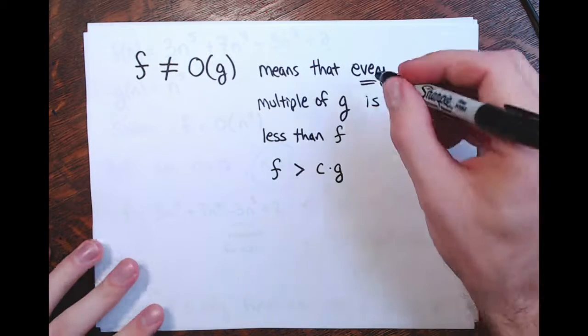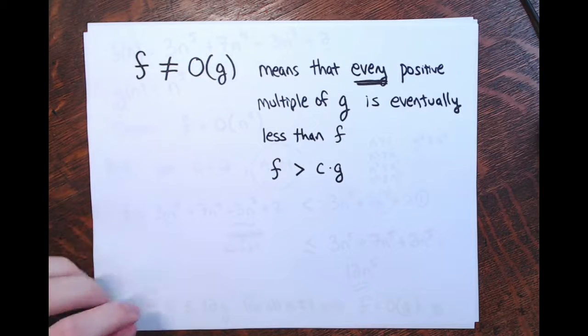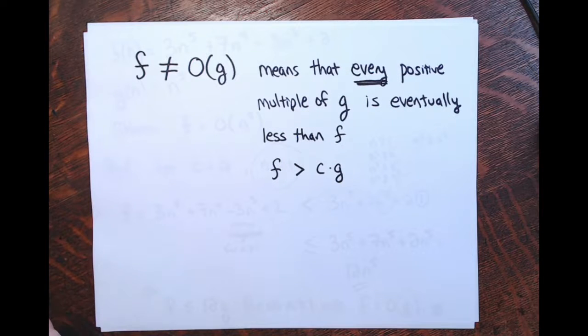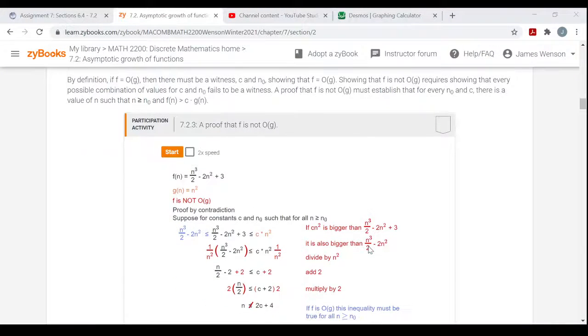So this is, again, every positive multiple of g is eventually less than f.